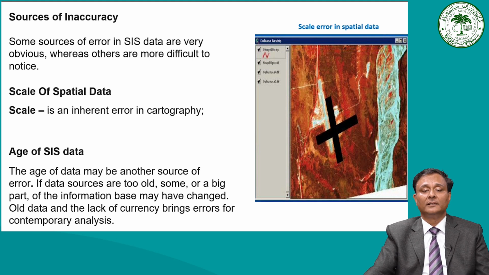To begin with, the scale of spatial data and the age of spatial information data both bring inherent error in mapping. For example, an inherent error in cartography depends on any discrepancy in the scale used for map preparation. That may be one reason.